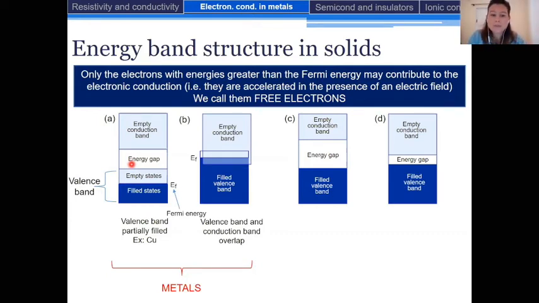So first of all, the first two cases are found in metals. For example, the case A that we already described can be found in copper, whereas another kind of energy band structure can be found in other metals, for example magnesium, in which we have a filled valence band and it overlaps with the conduction band.